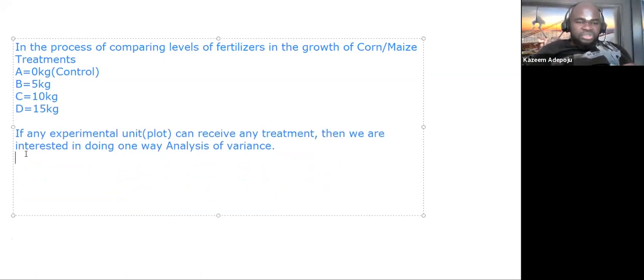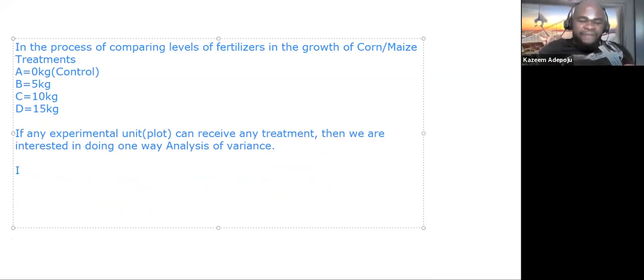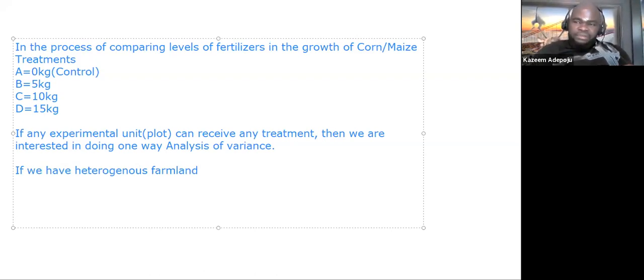Okay, but in a situation where we have heterogeneous farmland, what do I mean by heterogeneous farmland?